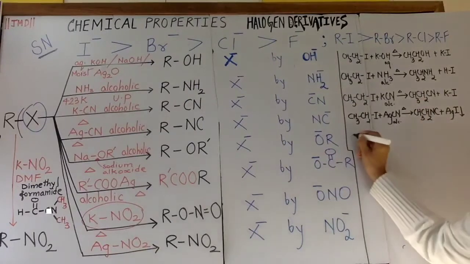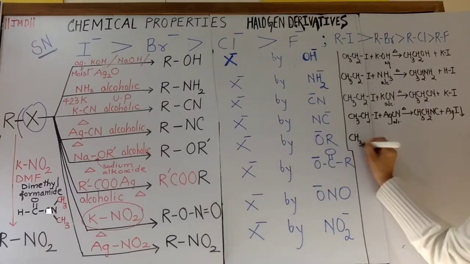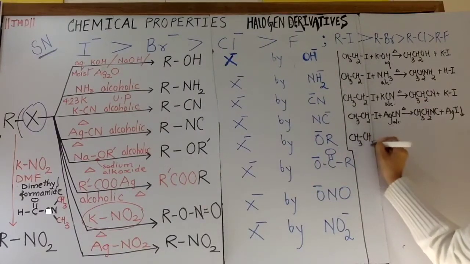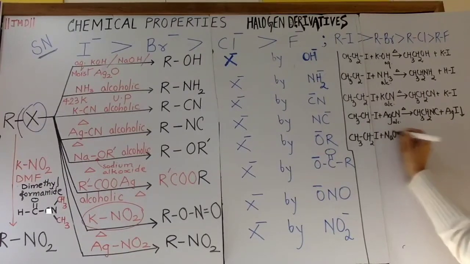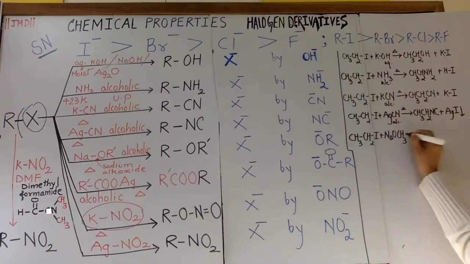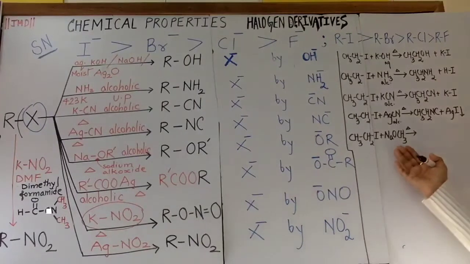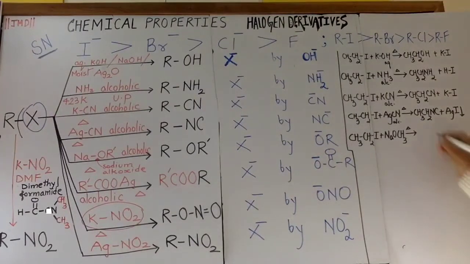Then this one, suppose I take ethyl iodide and in this I take NaOCH3, that is sodium methoxide. Heat. Here we can take methyl alcohol and sodium to prepare sodium methoxide. So I get ethyl methyl ether and NaI.